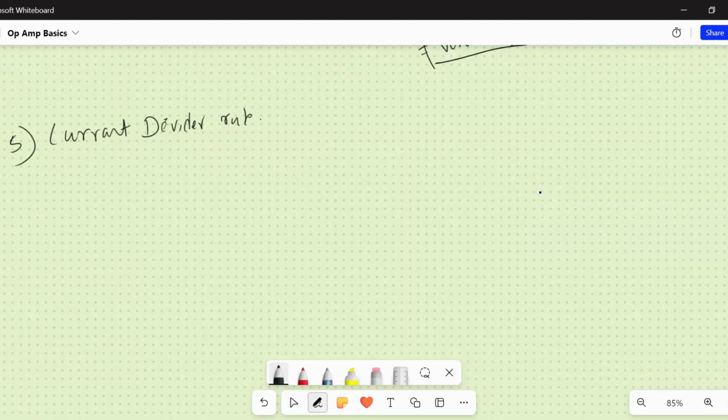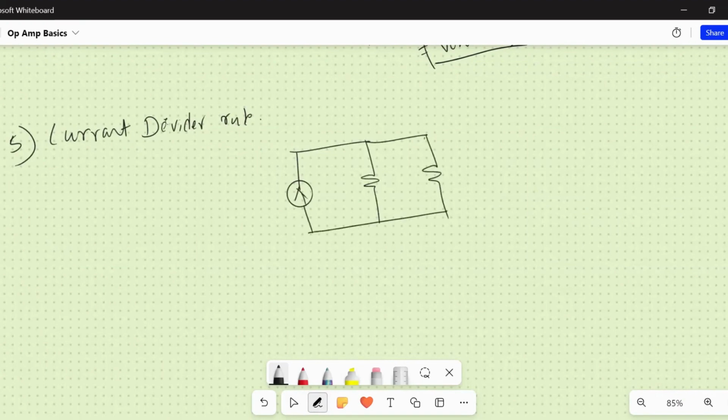Here, let us understand the current divider rule. What is the current divider rule? Let us say this is a current source. This is R1 and this is R2. Earlier you saw a series circuit like this, right? In a series circuit, the current will be the same here.